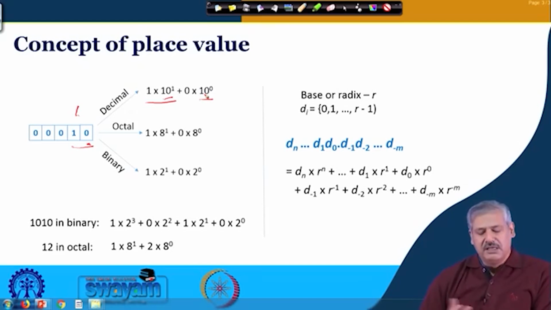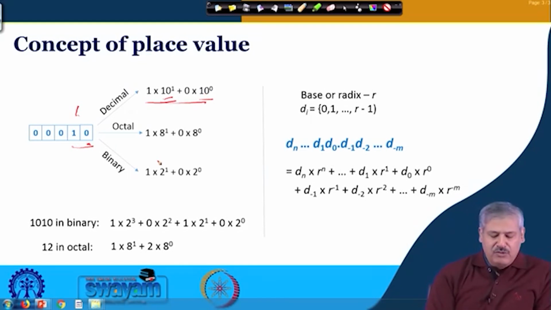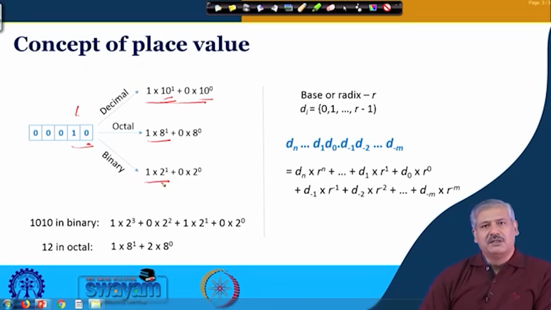The amount here is this much. Over here, if it is in octal system, it is 1 into 8 to the power 1 plus 0, and in binary system it is 1 into 2 to the power 1. So, that is what we have already seen.